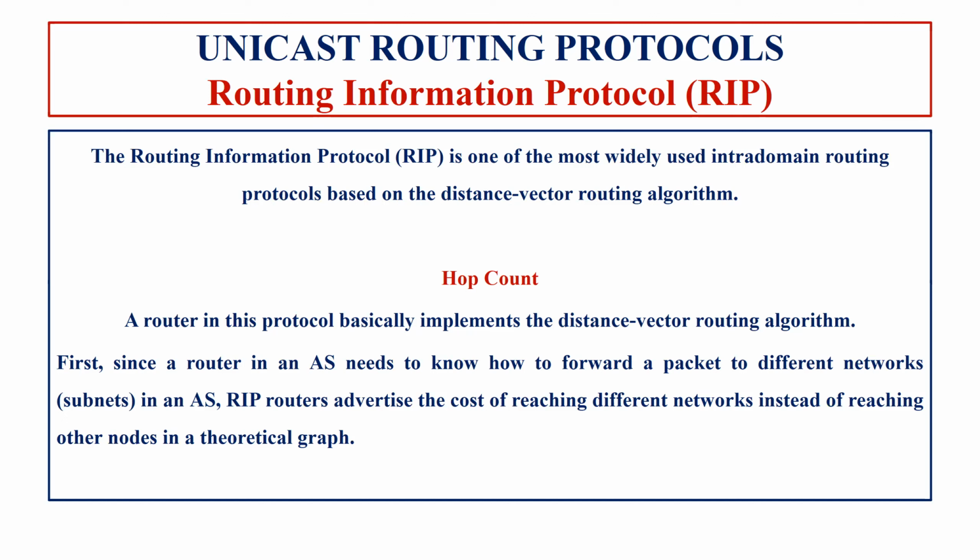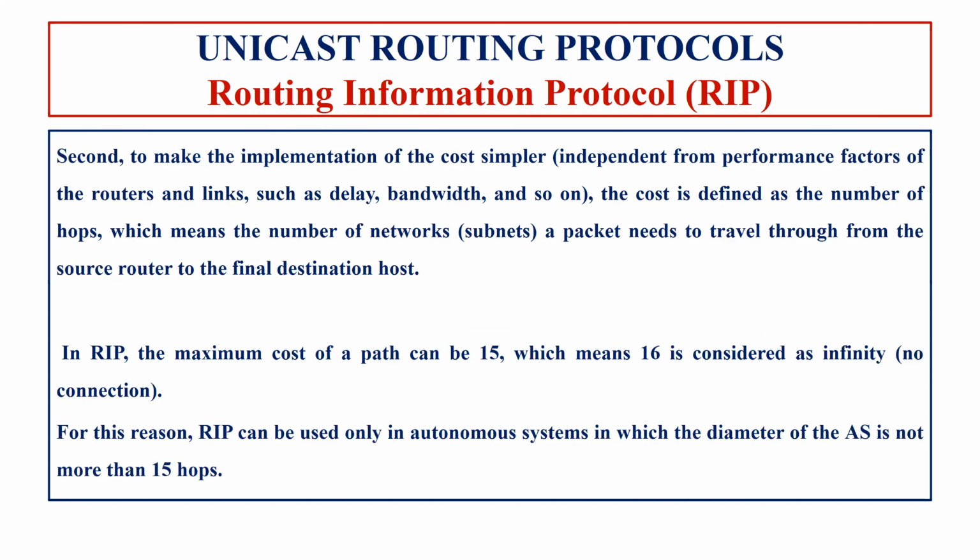The routers implement the distance vector routing algorithm, and within the autonomous system the routers are updated with their hop count to each destination. The maximum hop count it can use is 15. If the hop count reaches 16, it is considered infinity, meaning there is no connection. For this reason, it can be used only in autonomous systems whose diameter is not more than 15 hops.